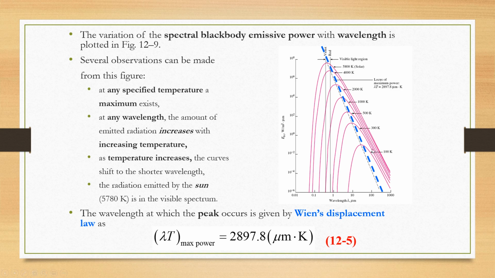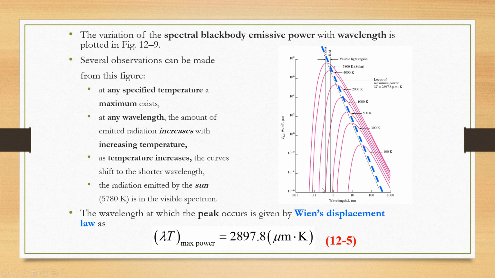So as the temperature increases, the peak of each graph shifts to the left, to the shorter wavelength. This means that at high temperature, lambda maximum decreases to a shorter wavelength.